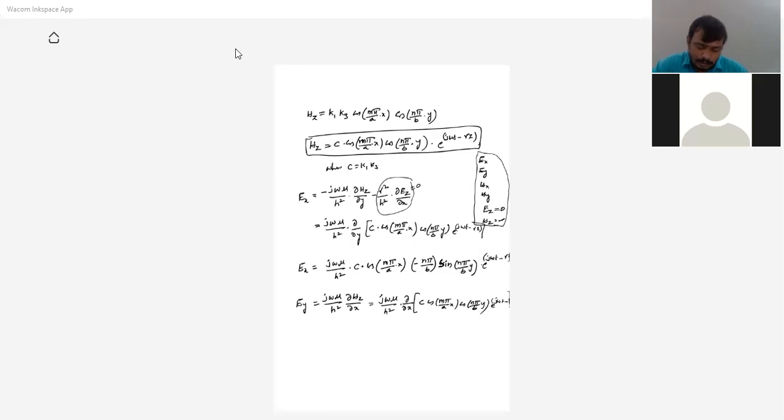So you can write j omega mu by h square, C into the partial derivative with respect to x, which gives m pi by A into minus sine m pi by A into x, then cos n pi by B into y, e power j omega t minus gamma z.